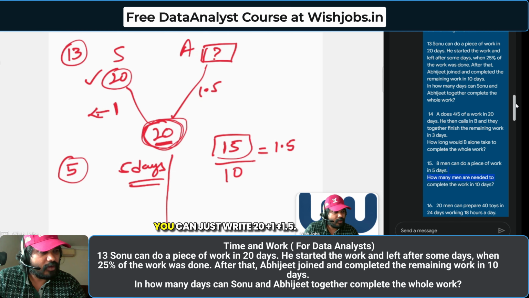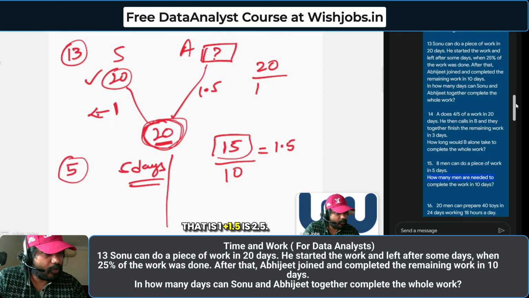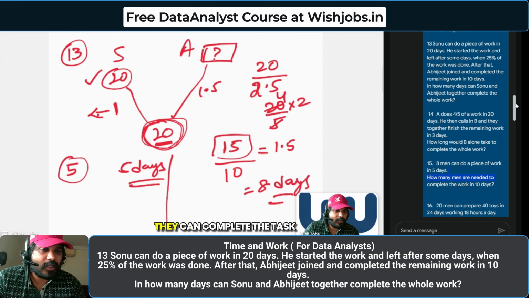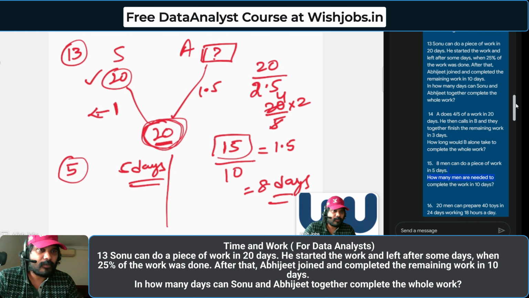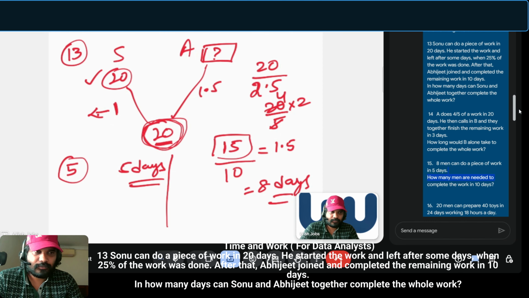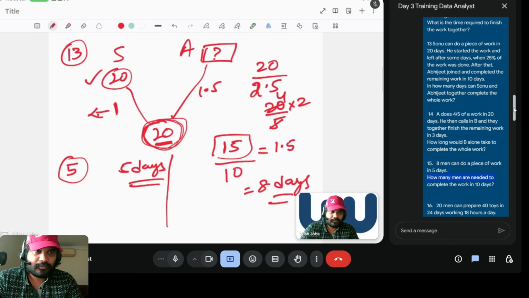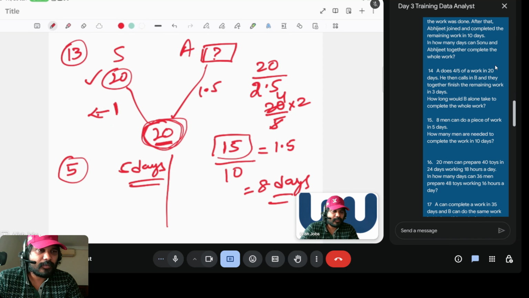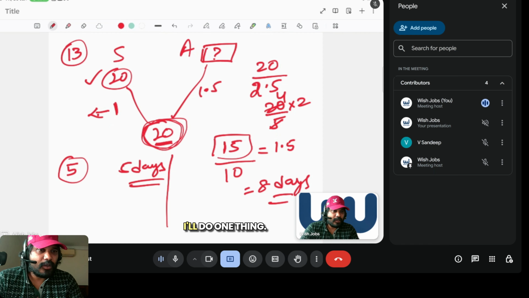You know the work, you have the efficiencies, so you can write 20 divided by 1 plus 1.5, that is 2.5. 20 by 5 into 2, which is 8 days. If they both work, they can complete the task in 8 days. Clear? Any doubt? I'll do one thing.